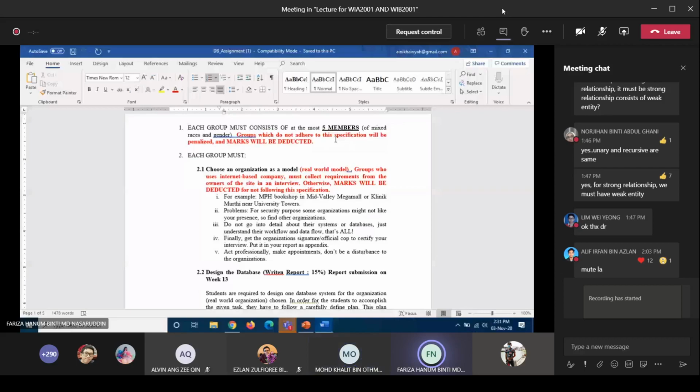I see there are still a few groups that are all one race or only one person. So I'm going to make notes for you to edit it a little bit. There are a few teams you need to reshuffle again. Group 1 and group 2 can mix together, because we are in the same tutorial group, so it doesn't really matter.